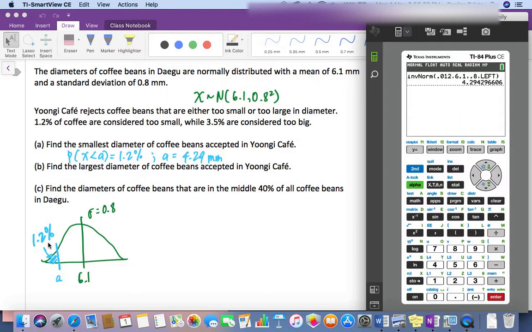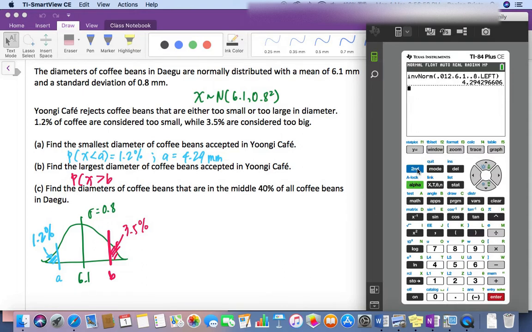That should be on the higher end. So that area is 3.5%, and let's say that is quantile B. Notation wise, the probability of x greater than b is equal to 3.5%.